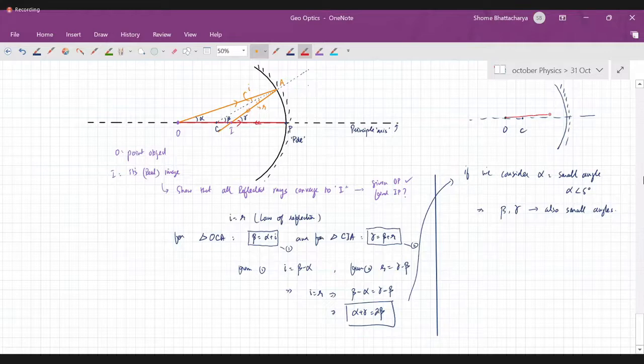So then the incident rays are called paraxial. Paraxial means nearly parallel to the principal axis.